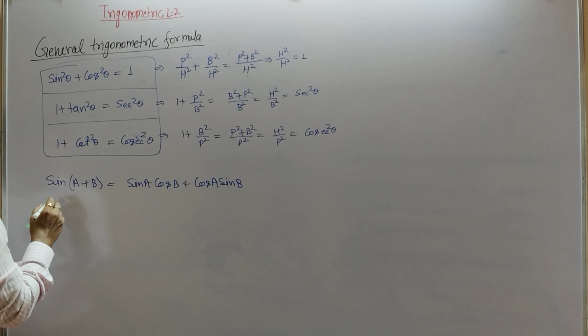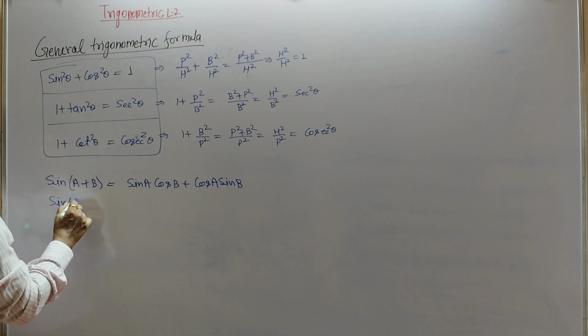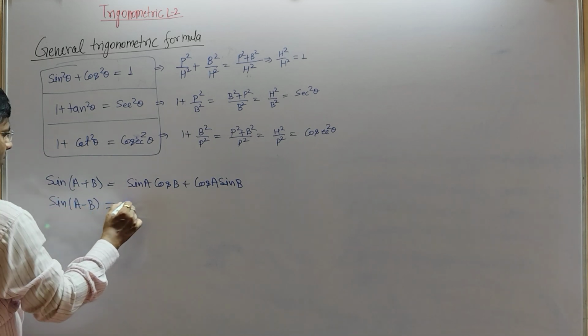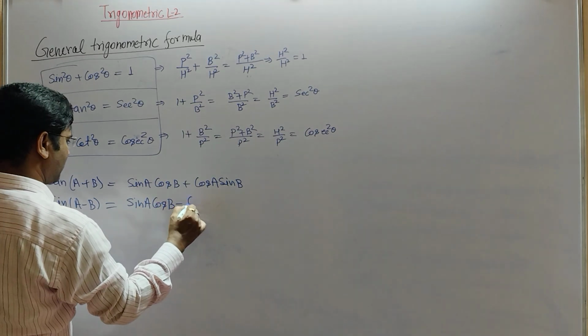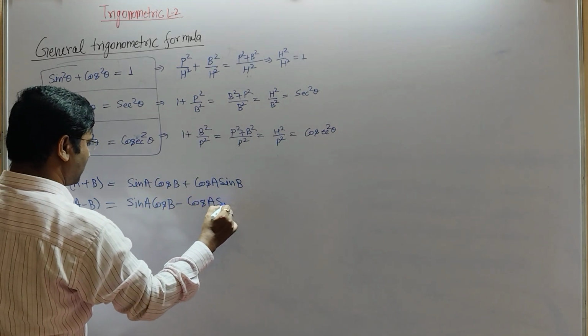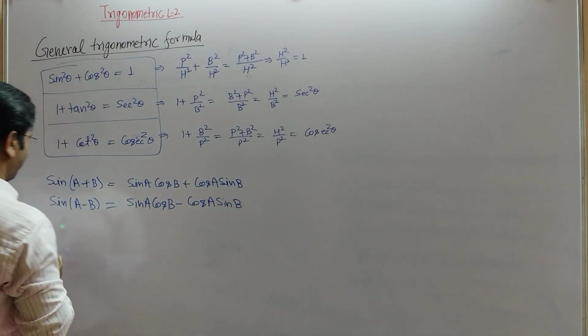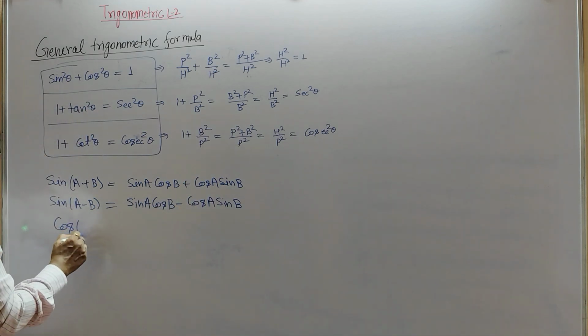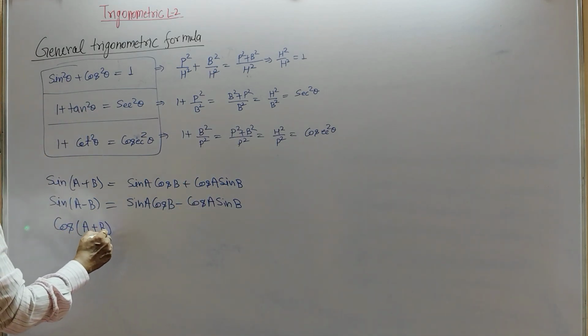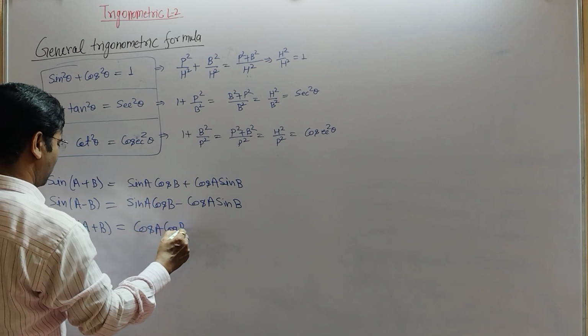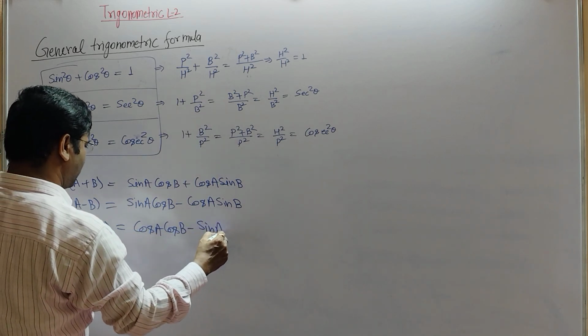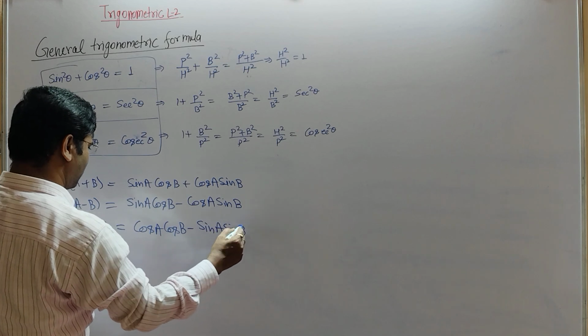If there is sine a minus b, this will be sine a cos b minus cos a sine b. If cos a plus b, this will be cos a cos b minus sine a sine b.